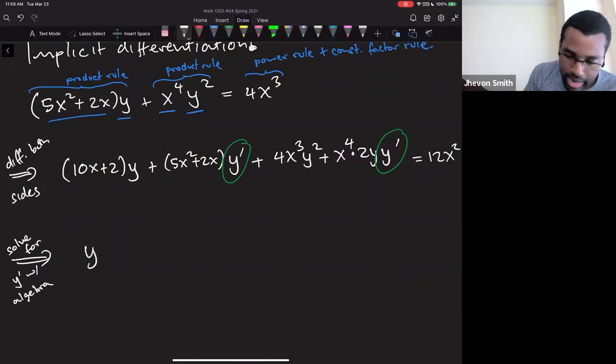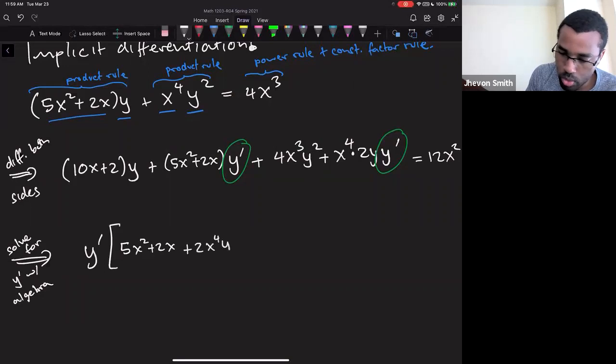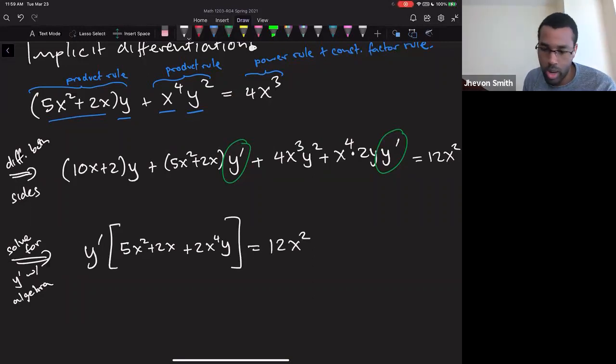So I'm going to isolate the guys with the y primes in them. That is the 5x squared plus 2x, as well as the 2x to the fourth y. On the other side, I have 12x squared, minus 10x plus 2y minus 4x cubed y squared.